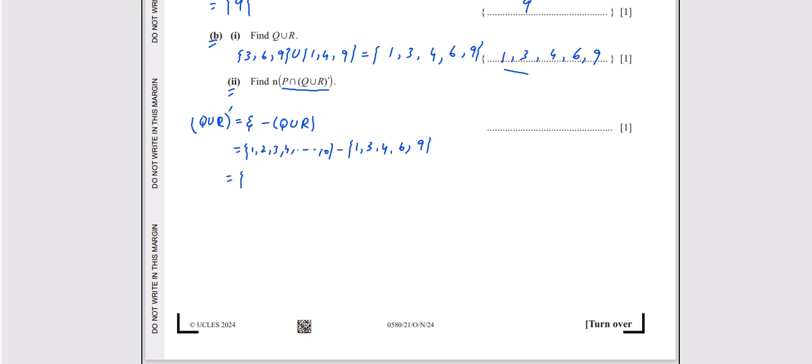So this is a difference of sets, which means we write the set without the common numbers. So 1 is common, 2 is not here, so write 2, 3 is common, 4 is common, 5, 7, 8 and 10.